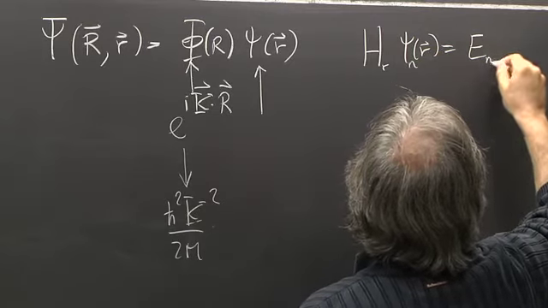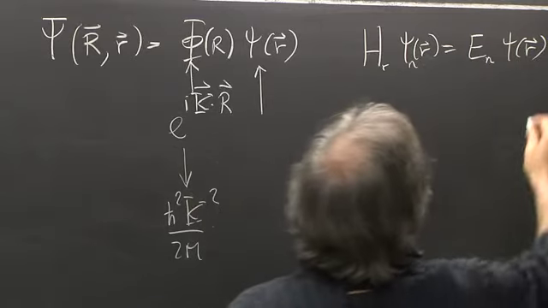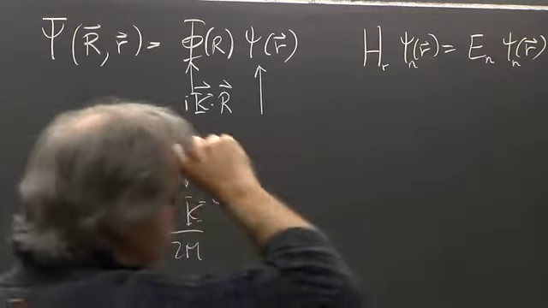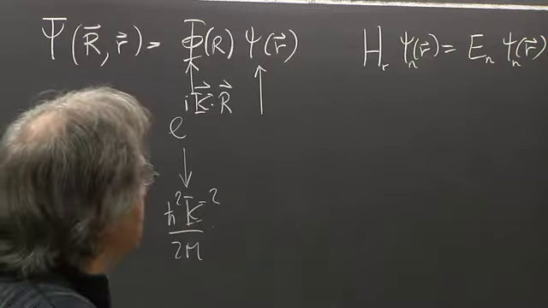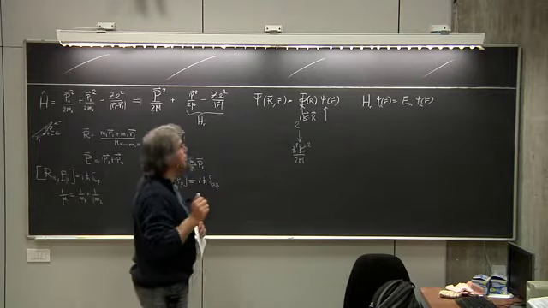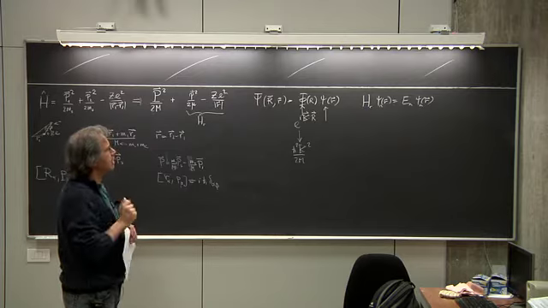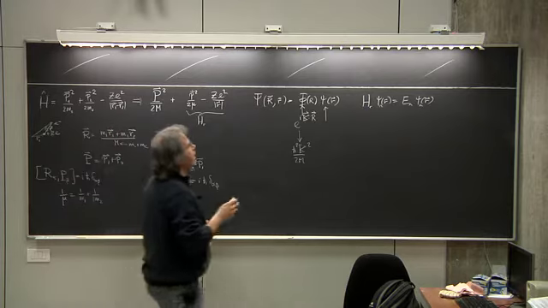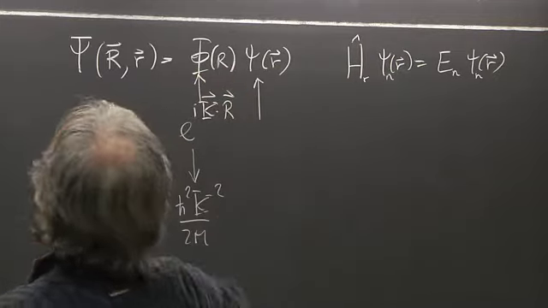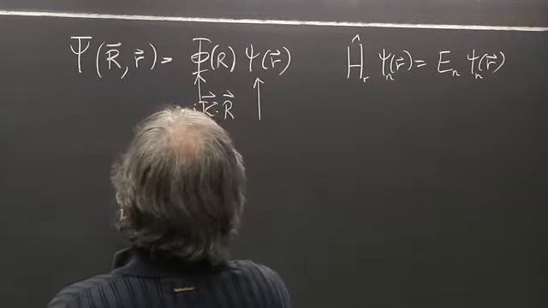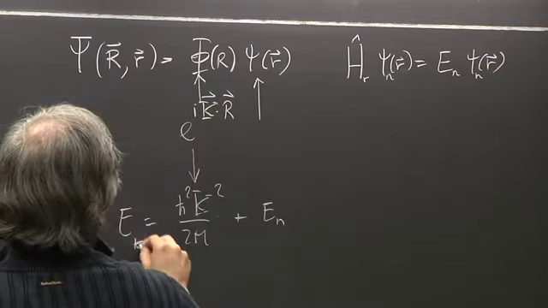For the time being, let me still be generic and call them E_n and psi_n. Then we'll explicitly verify that this is really a certain triplet of quantum numbers related to angular momentum and so on, but for the time being, let's be generic. So I solve this, and obviously then this is a solution of the full problem with energy equal to this plus E_n.